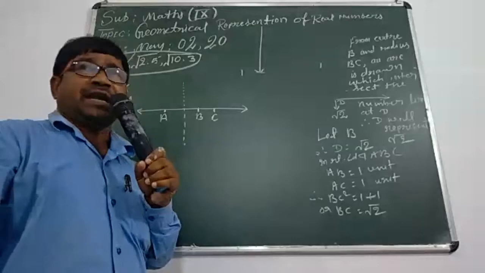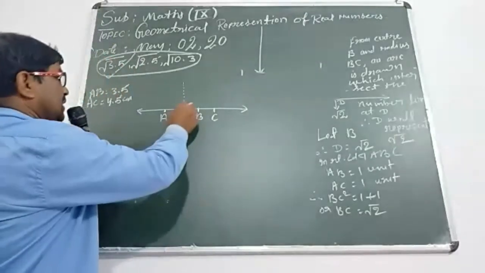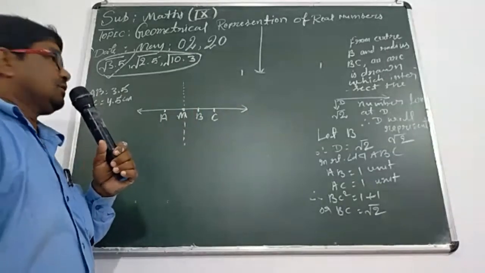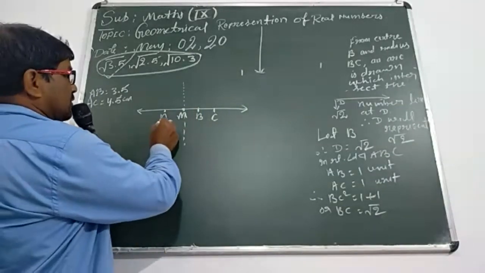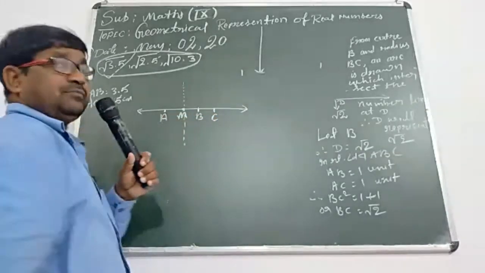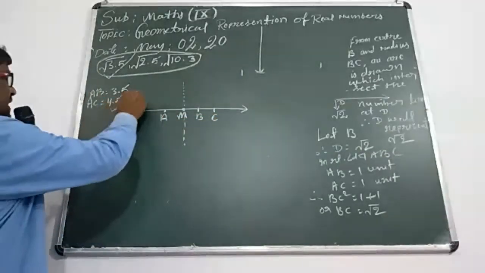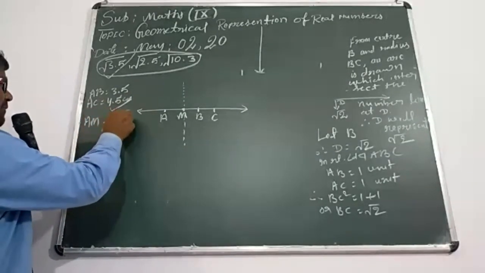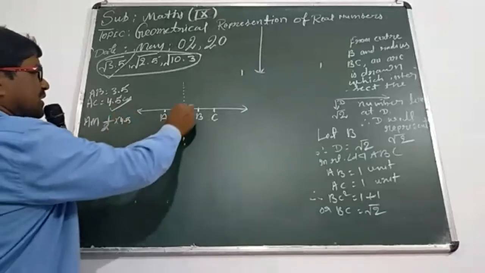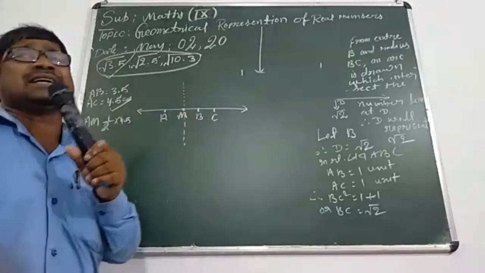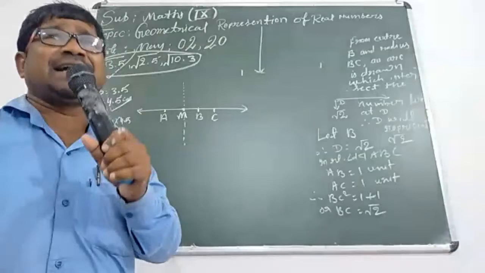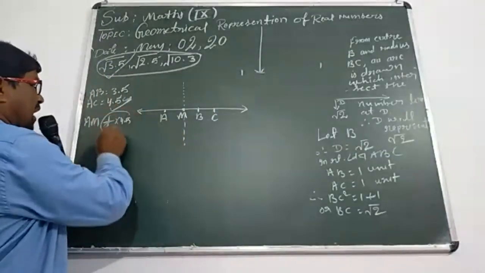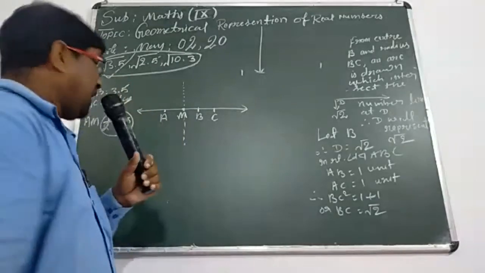Okay, can you draw a perpendicular bisector? Student, this point is M, suppose that. Okay, now think about AC and AM. AC is 4.5 and AM is half of 4.5, because this is the perpendicular bisector. It will halve it, right? So AC is 4.5, then how much will AM be? Half of 4.5.